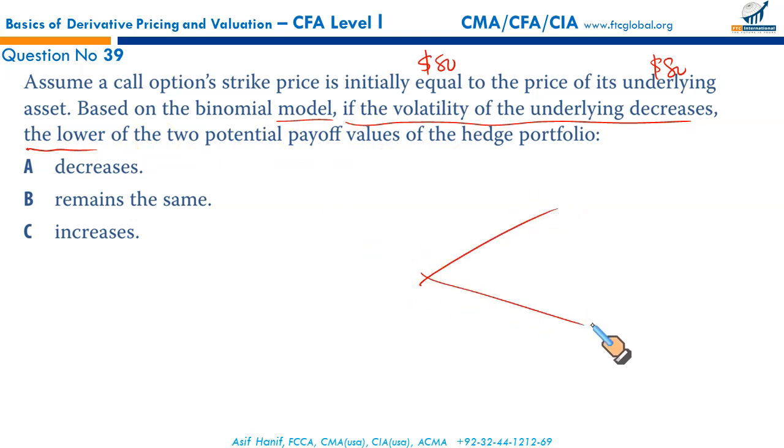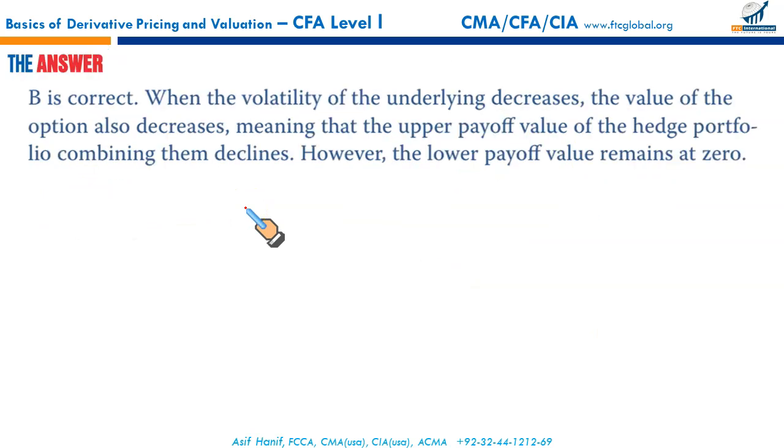We know when the volatility of the underlying decreases, the value of the option also decreases, meaning that the upper payoff value of the hedge portfolio, this part, it will decrease, right? But the lower, this one, it would still remain 0. So the lower of the two potential payoff values, the hedge portfolio, remains the same, 0. That makes B to be the correct option.